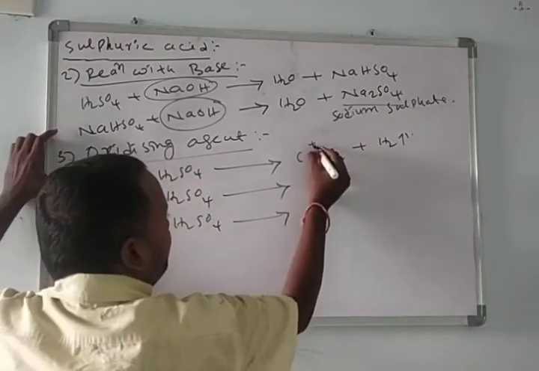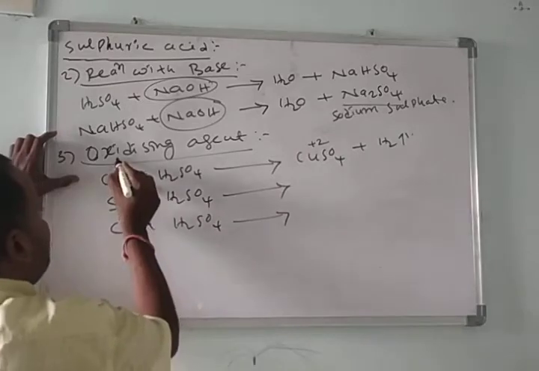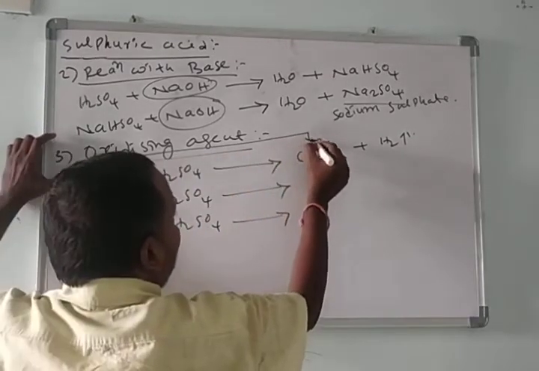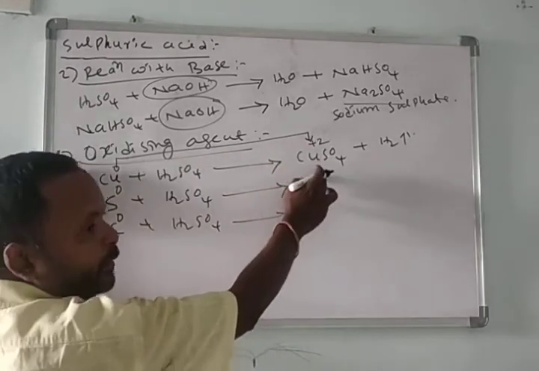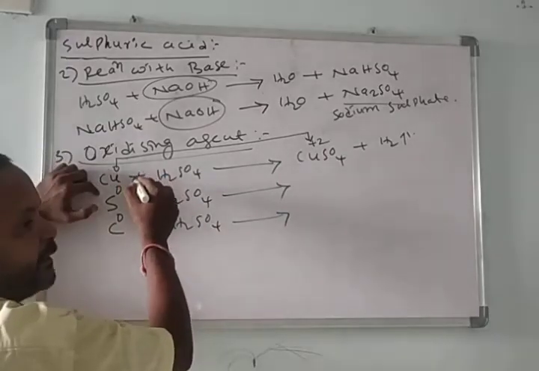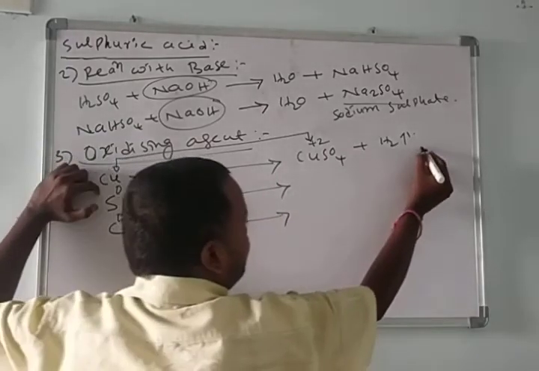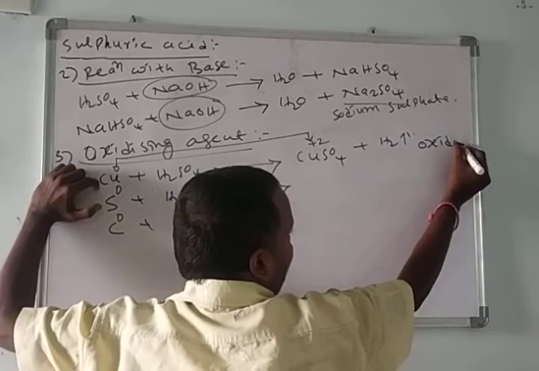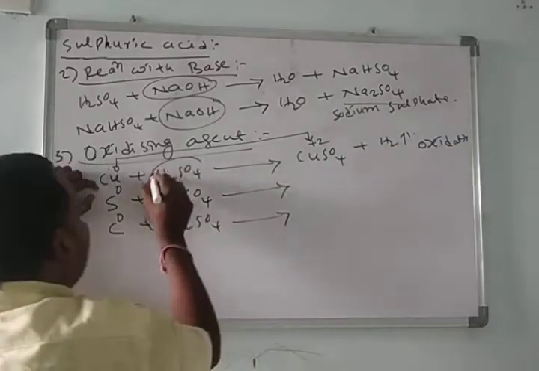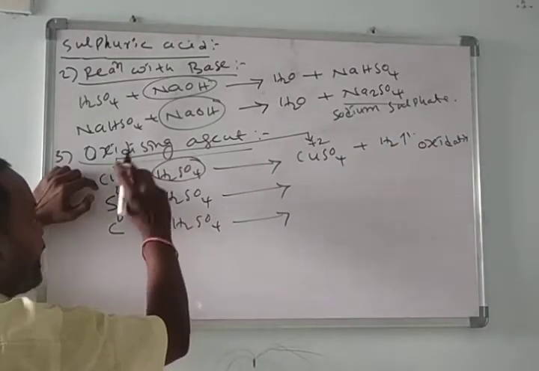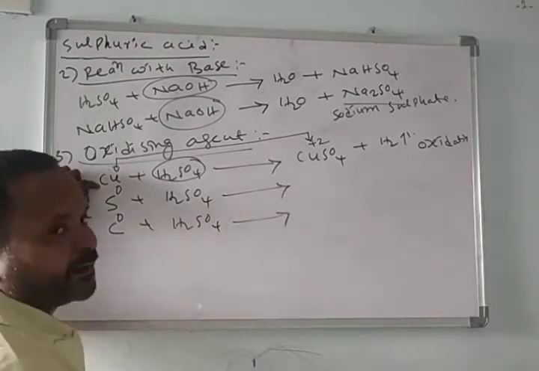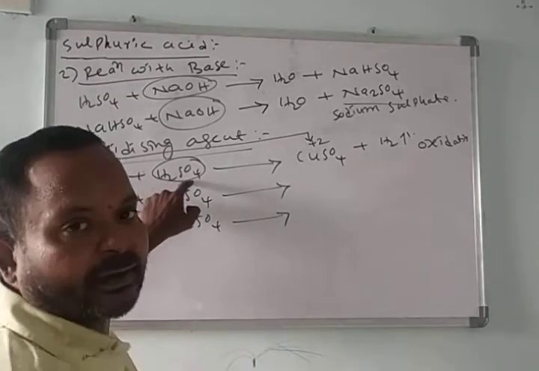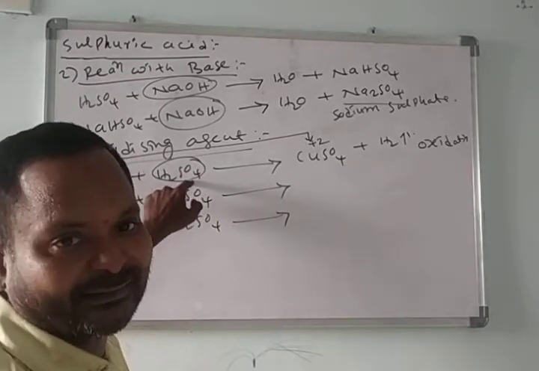What is the oxidation number? +2. Here oxidation number increases from reactant side to product side. Metal oxidation number increases. If oxidation number increases, that we call oxidation. And here in the presence of sulfuric acid, only copper undergoes oxidation. That's why we call sulfuric acid an oxidizing agent.